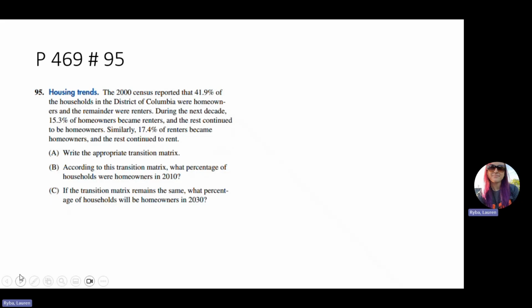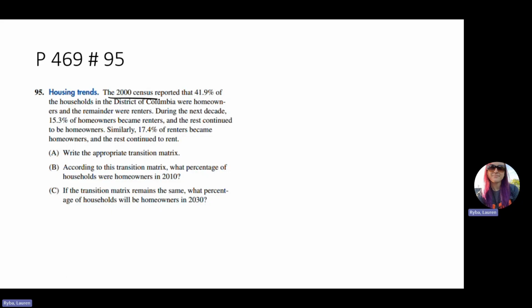During the next decade, 15.3% of the homeowners became renters and the rest continued to be homeowners. Similarly, 17.4% of renters became homeowners and the rest continued to rent. Write your transition matrix. According to this transition matrix, what percent of households were homeowners in 2010?